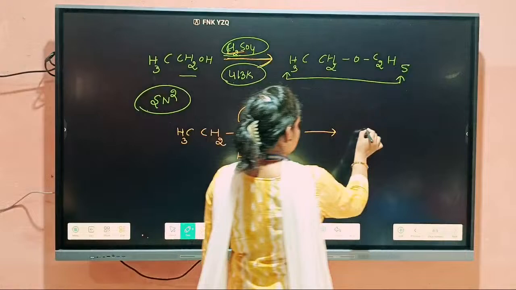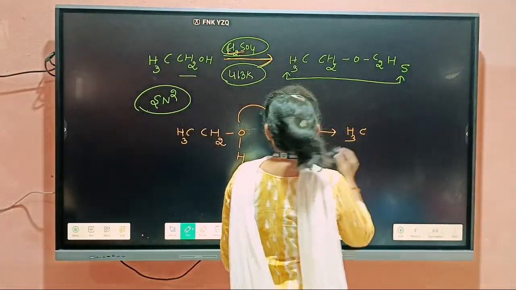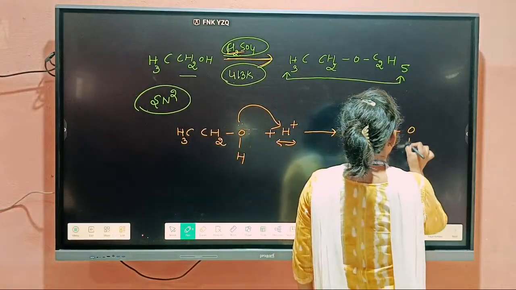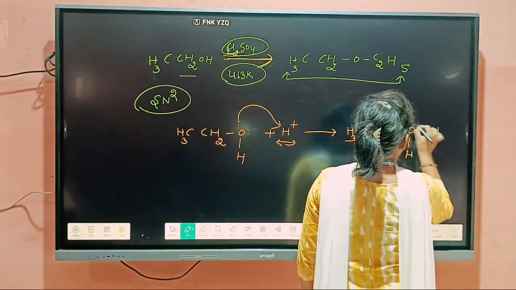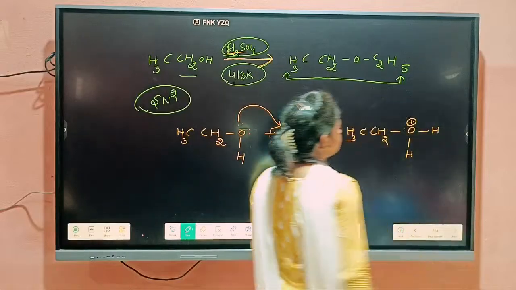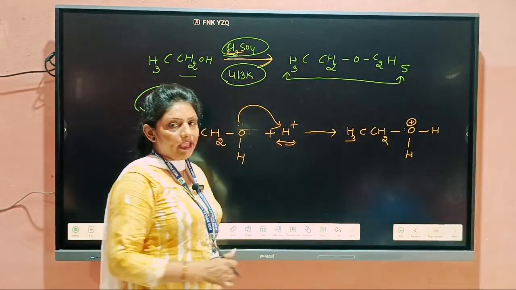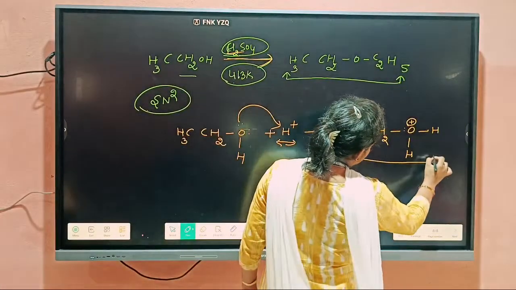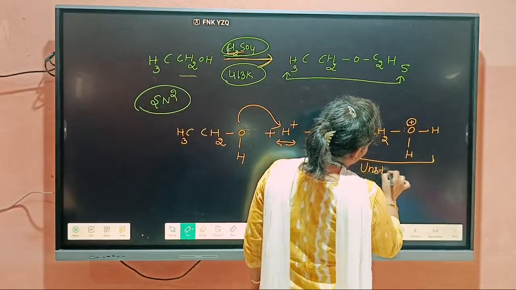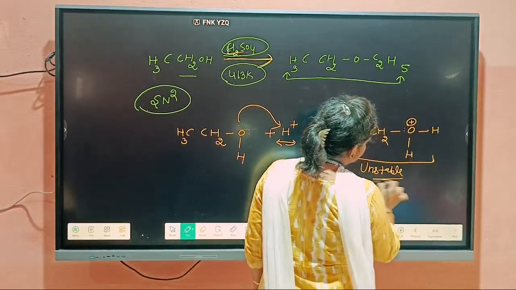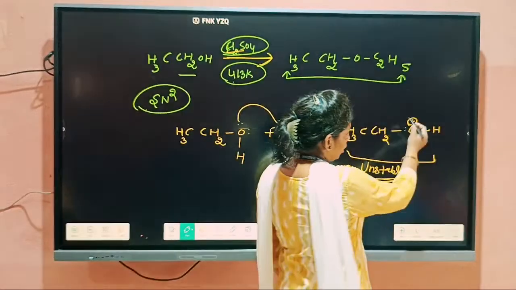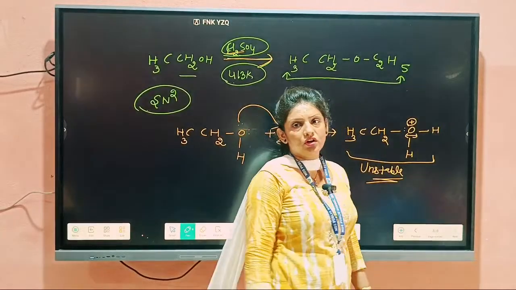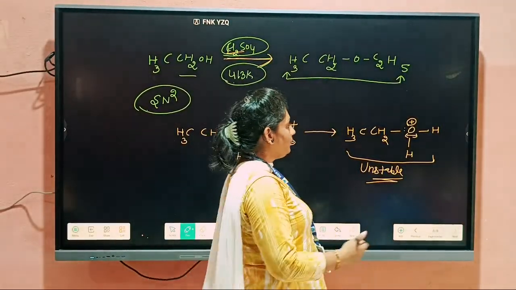Then protonation takes place here. Protonated alcohol is forming here. Students, it is not stable. Why is it not stable? Because here the positive charge is on oxygen, the more electronegative element. So what will happen?